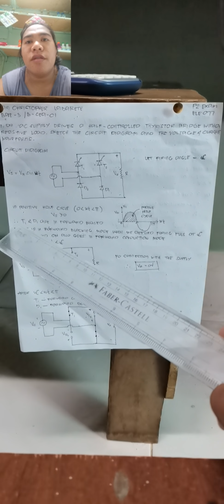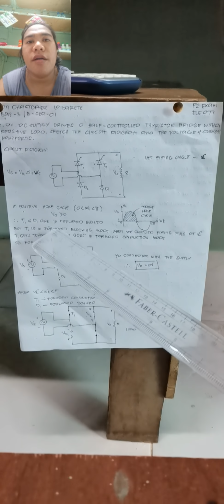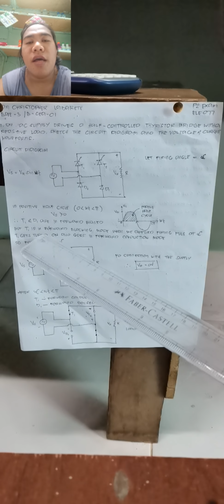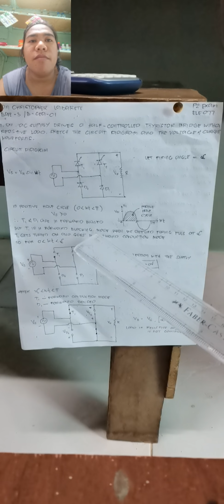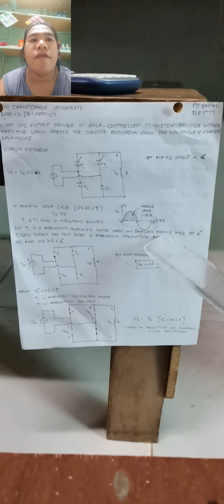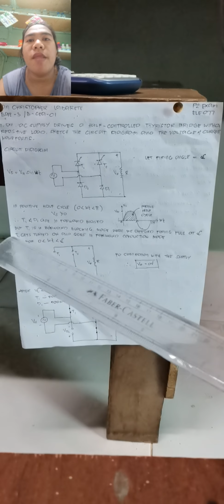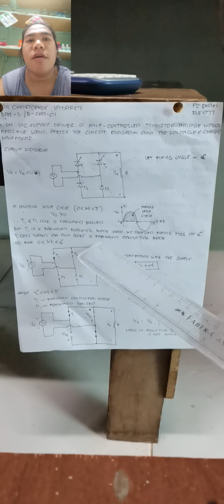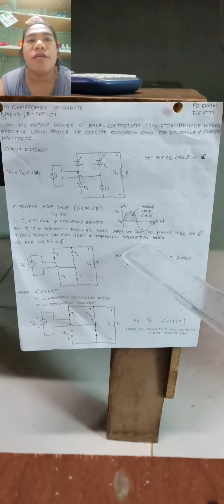Therefore T1 and D2 are forward biased, but T1 is in forward blocking mode. When we apply a firing pulse at lambda, T1 turns on and goes into forward conduction mode.